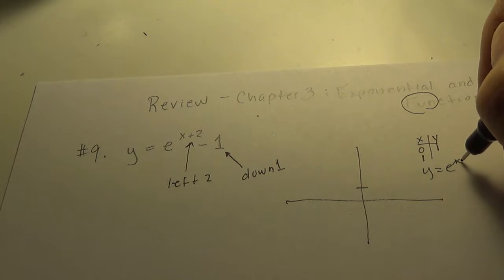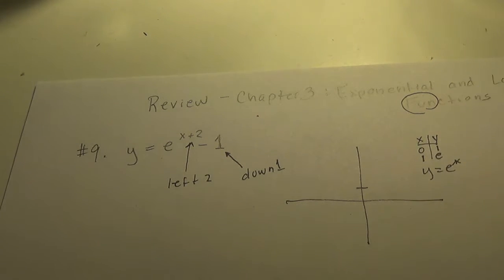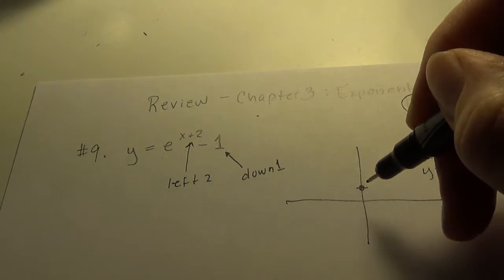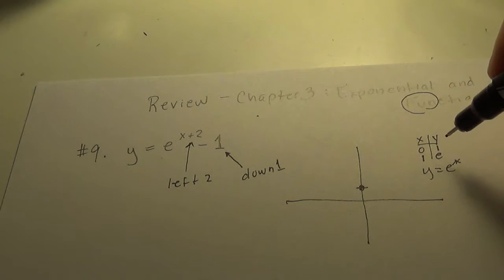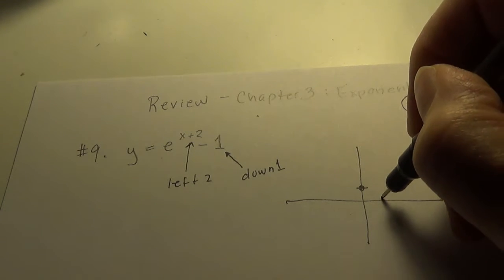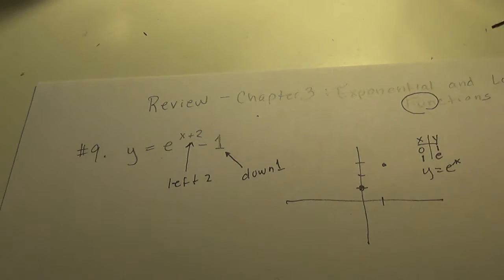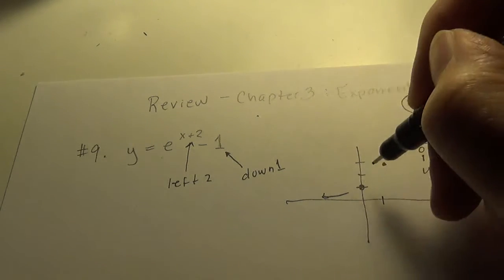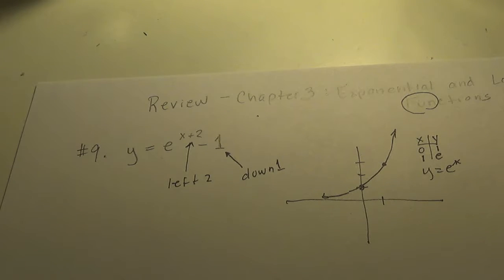When x is 1, e to the 1 is e, which is about 2.7. So I'm going to graph this point, 0, 1. That point will be on most of our exponentials before we move them around, and 1, e. So about right there. That should be enough to remind you that exponentials tail off on one side and go zinging up on the other side.